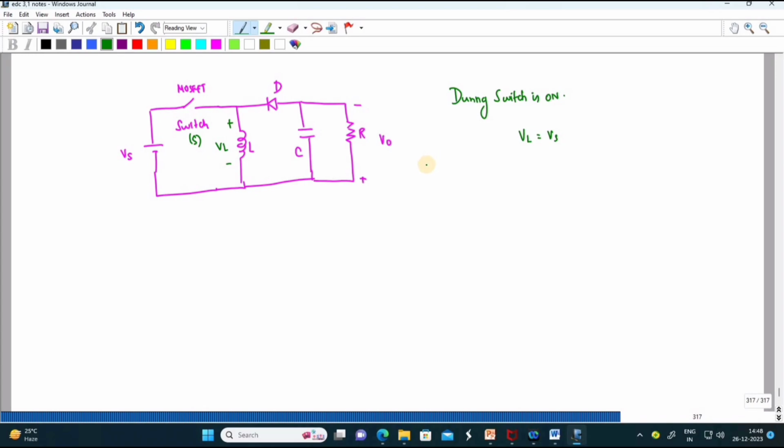So the voltage across the inductance is Vs. Let me assume this is the time where the switch is on, and this is the time where the switch is off.